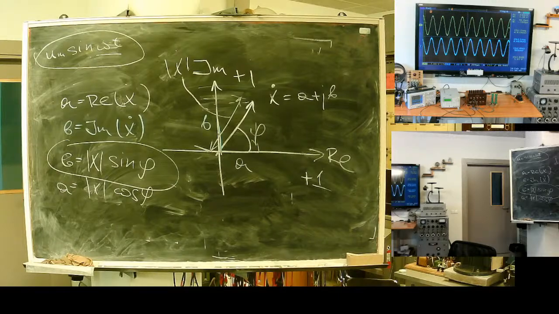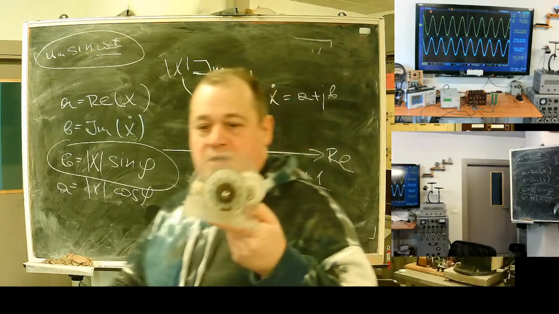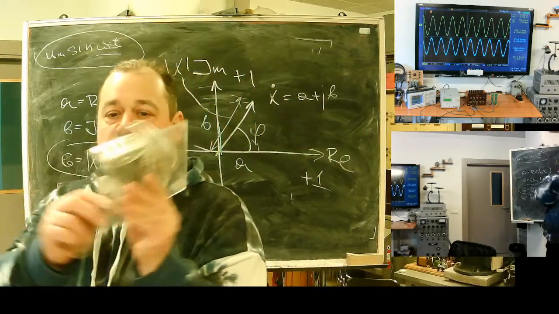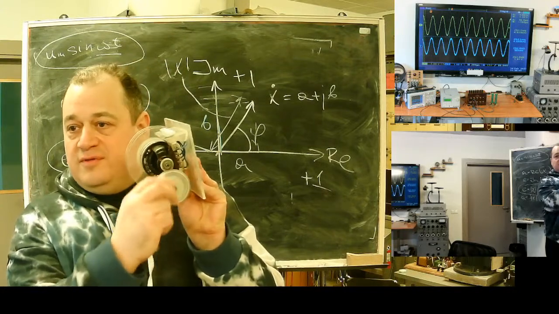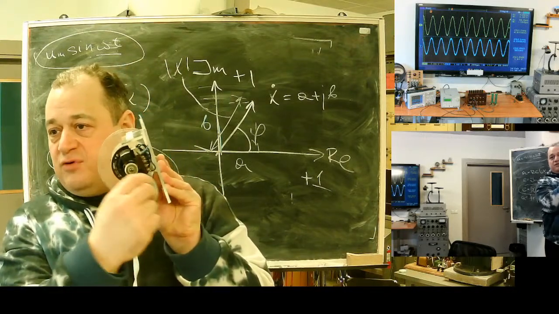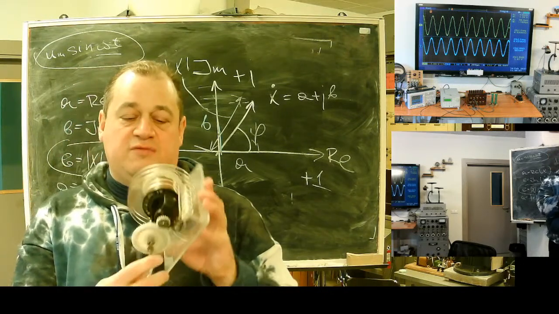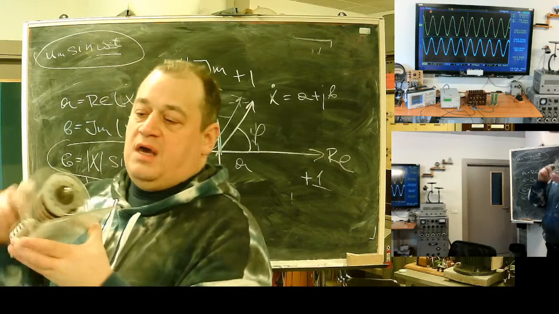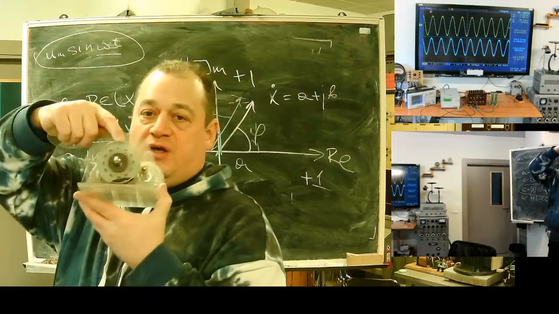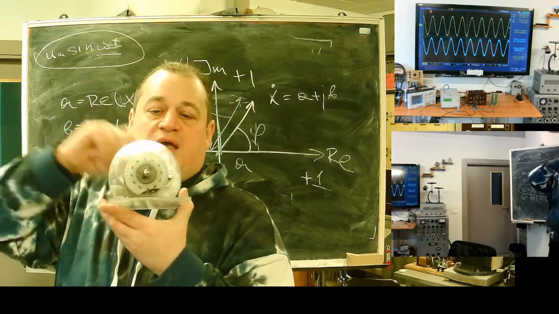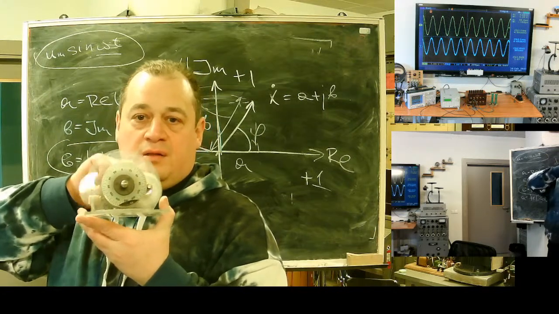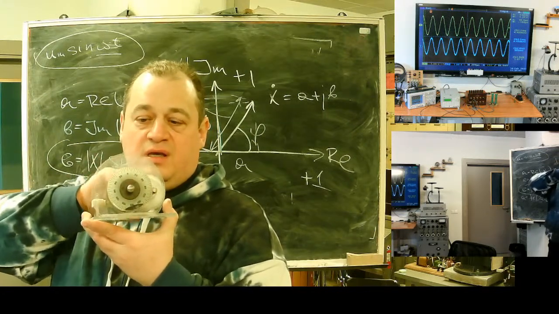Look what I have. Close the camera. It's an AC generator, powered by one Professor Force, 100 volts. Here, I have attached angular scale and a complex plate.